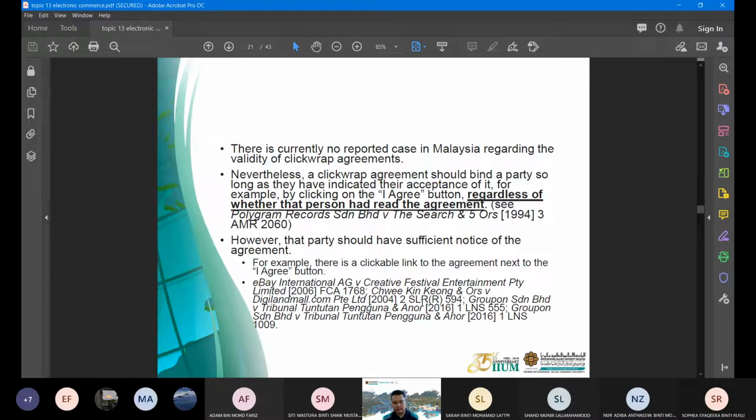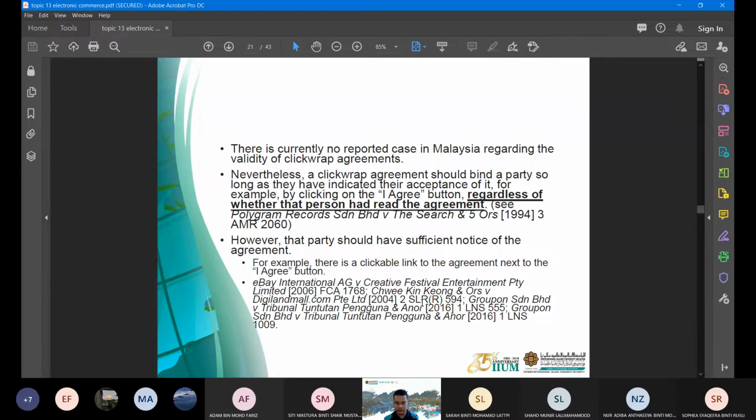Although this is the situation, at the same time, the party should have sufficient notice of the agreement as well. This is another precedent that the court tried to develop. So if you click on an agree button, there has to be sufficient notice. Meaning the website owner must provide sufficient notice about where the full terms and conditions can be read.